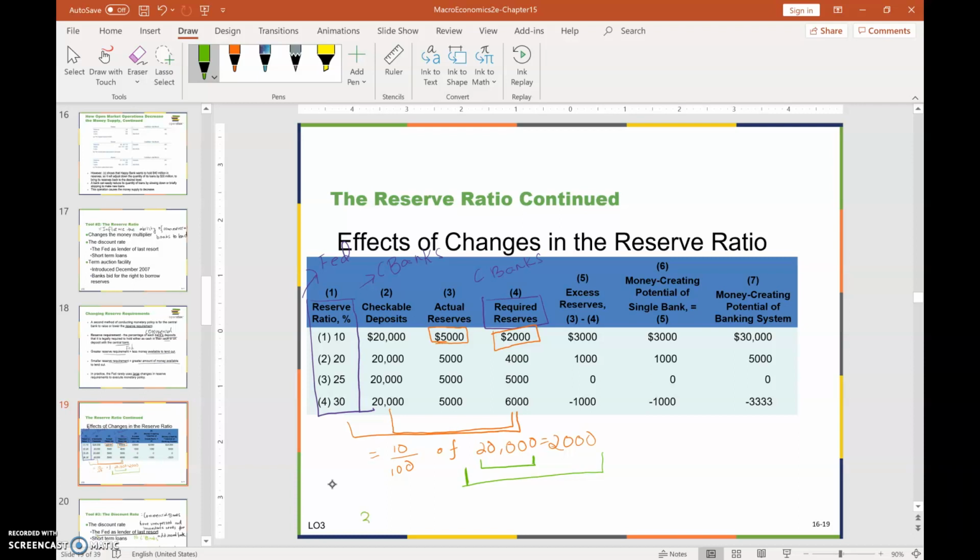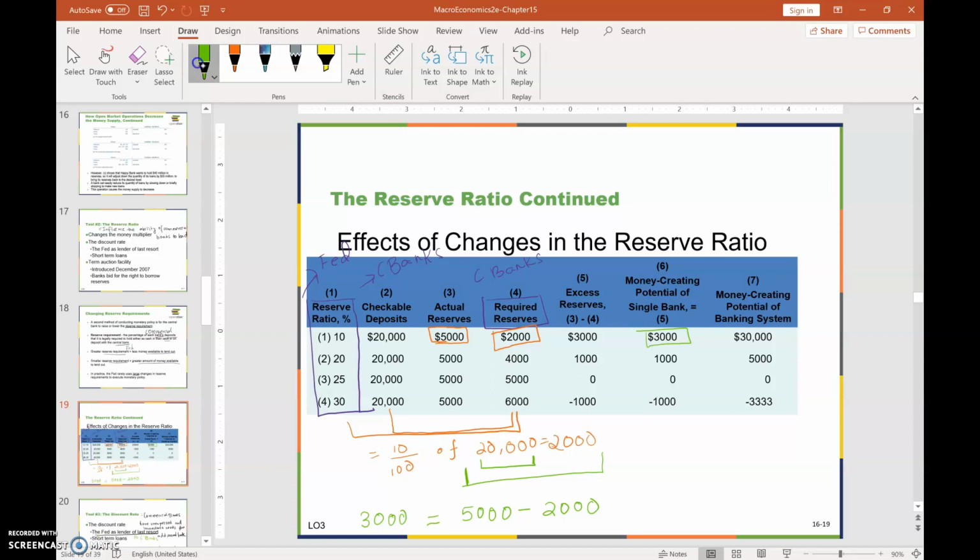The excess reserves 3,000 I'm getting by subtracting required reserves from actual reserves. Now the money creating potential of a single bank is 3,000. I need to find the money creating potential of the entire banking system.